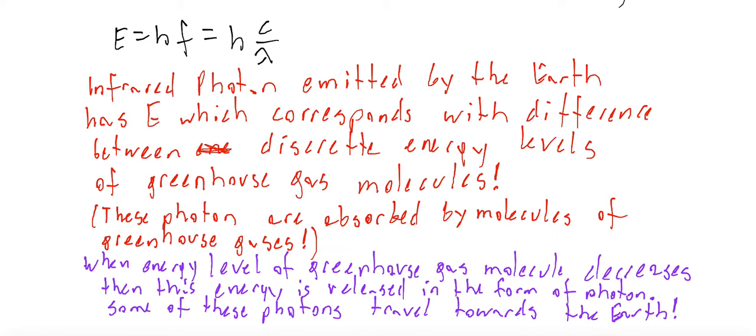Earth: long wavelengths, different energy, and these energies emitted by the Earth are the same as the difference between discrete energy levels of greenhouse gas molecules in the atmosphere. Just this. Okay, so please make notes. So you have to know what the greenhouse effect is, you have to know some greenhouse gases including sources, and you have to know the idea of photon absorption by greenhouse gas molecules.